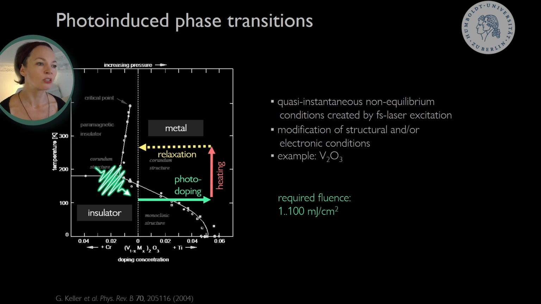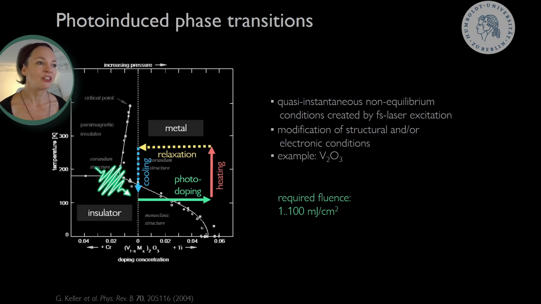And as this cooling can take really long, like milliseconds or even longer, ultrafast switching back and forth does not work very often. Speaking about strong correlations, you might think of a Mott transition.